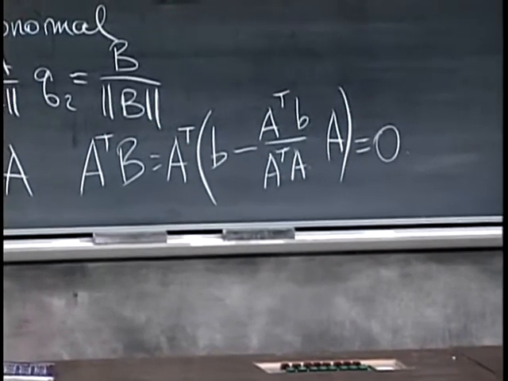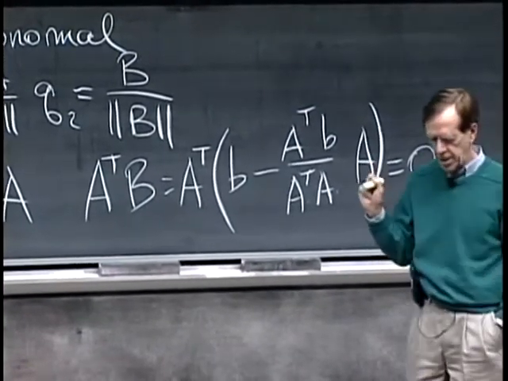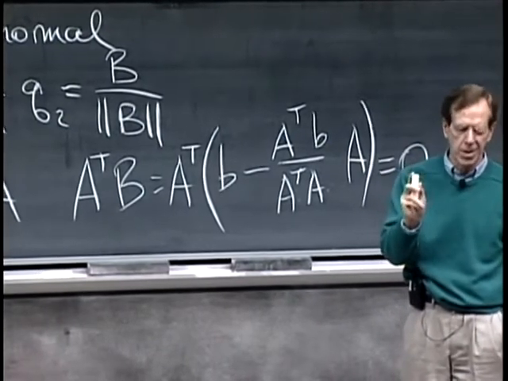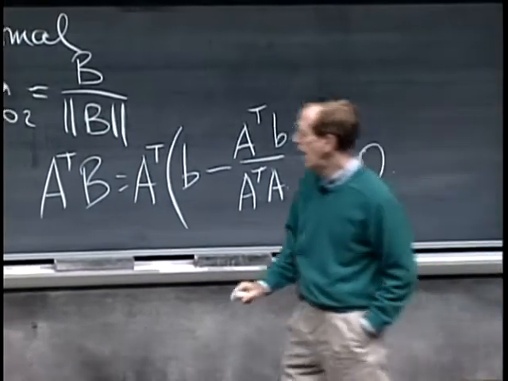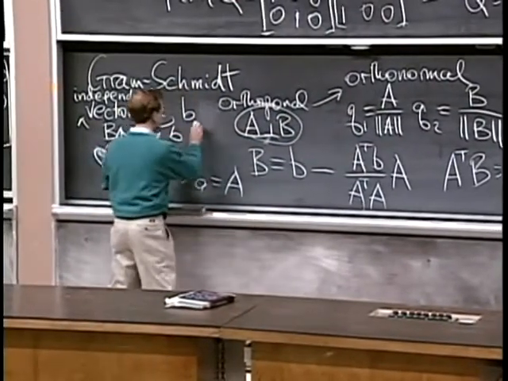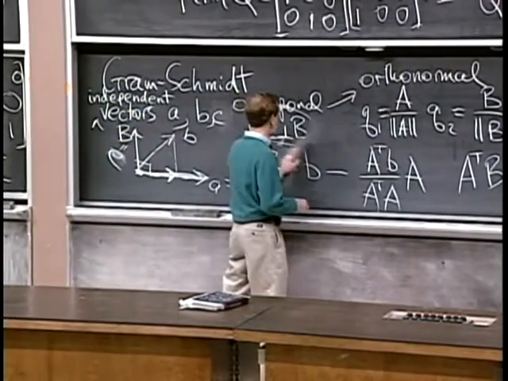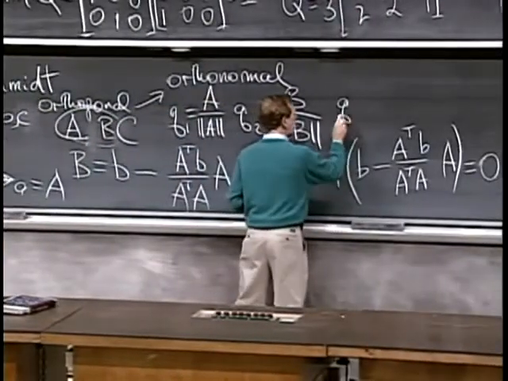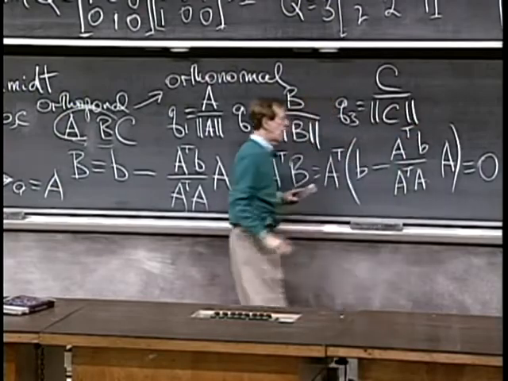Now, I guess I can do numbers in there, but I have to take a third vector to be sure we've got this system down. So now if I have independent vectors A, B, and C, I'm looking for orthogonal vectors A, B, and capital C, and then, of course, the third guy will just be C over its length, the unit vector.